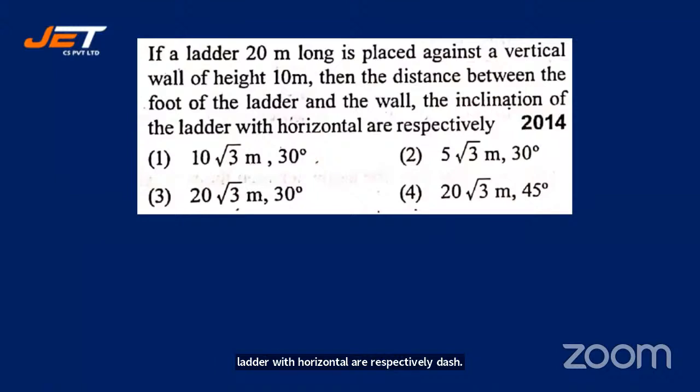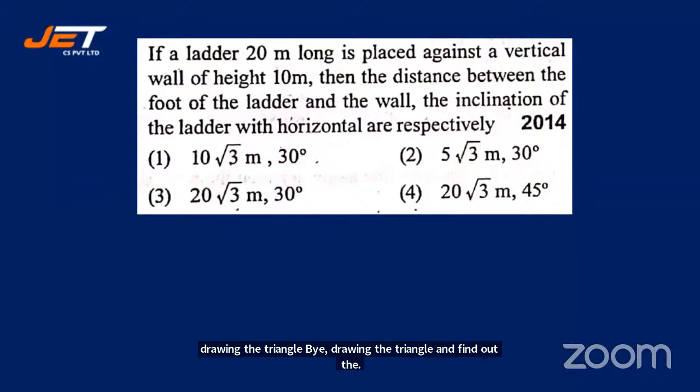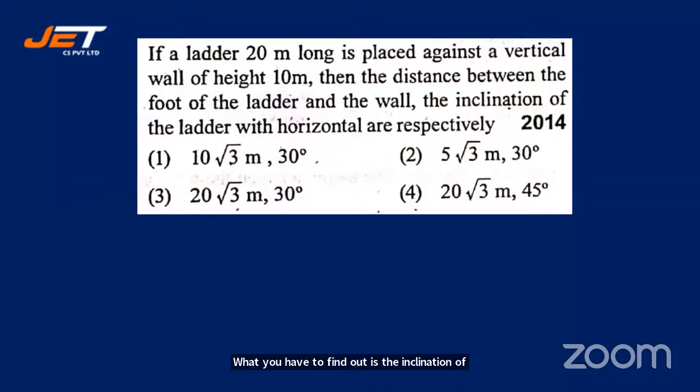Here I can give you a clue: just draw the triangle and find out whether you can use sine, cos or tan. You have to find the inclination of the ladder with horizontal.